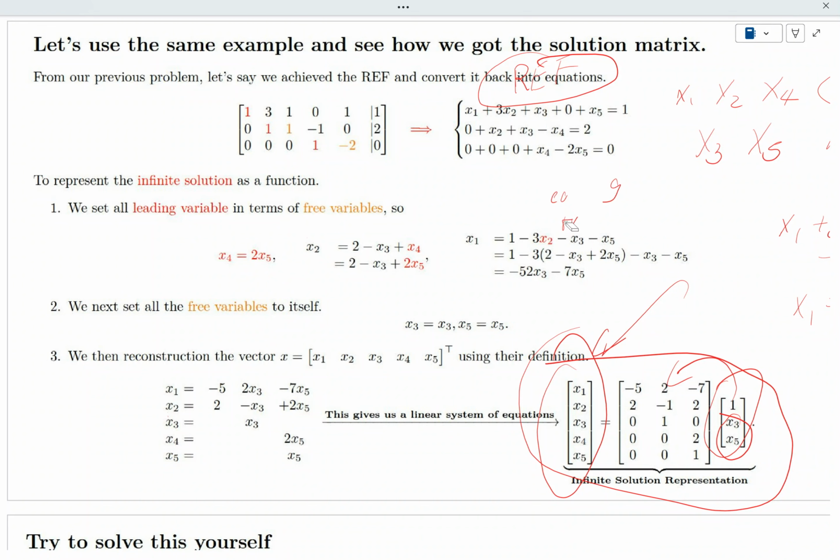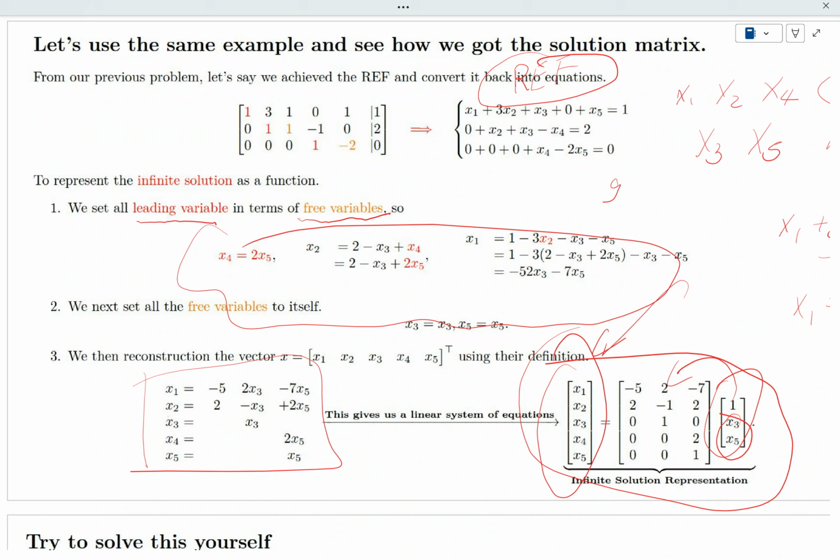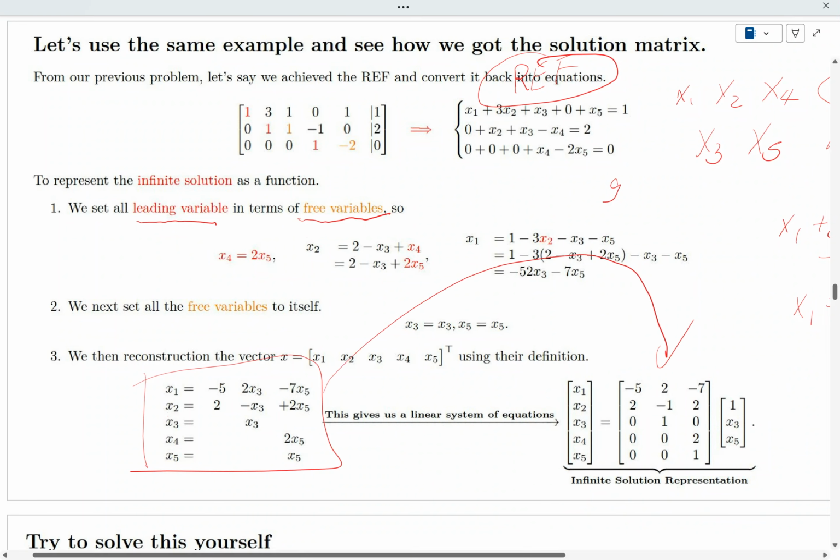And then once you know those, what you want to do is set all the leading variables in terms of free variables. So you got a system of equations. And then you set all the free variables to itself. That's the next step. Then you have an equation for everything. And you simply now rewrite it this way. Okay?